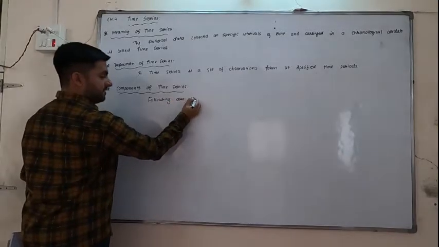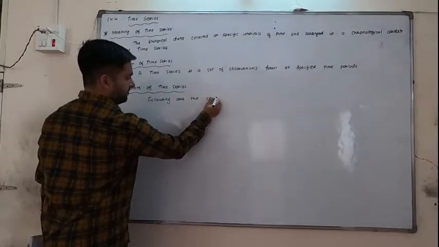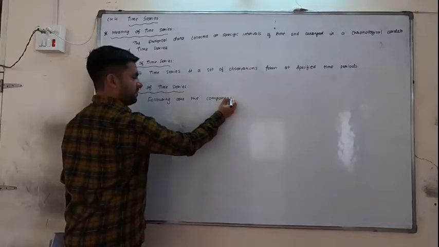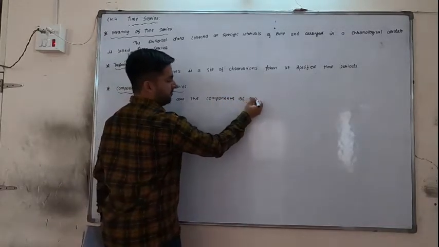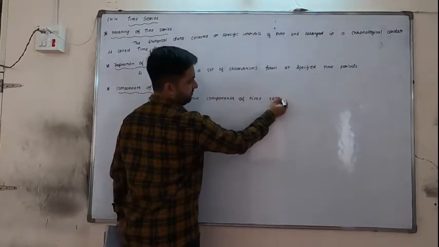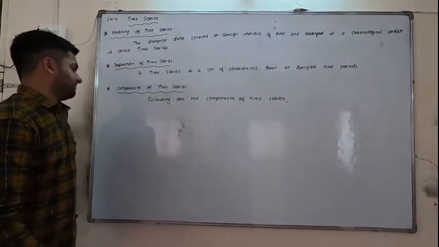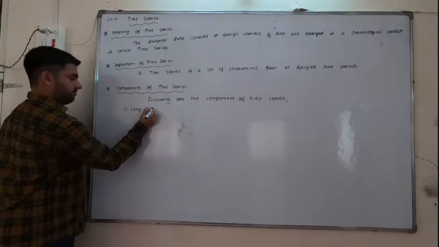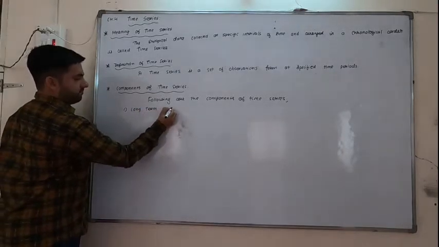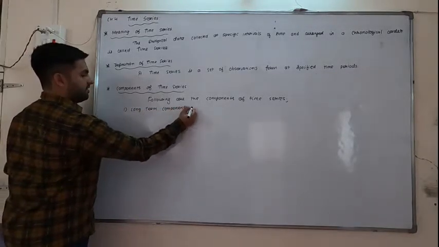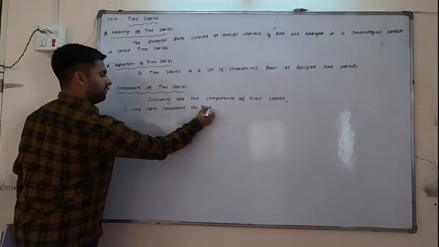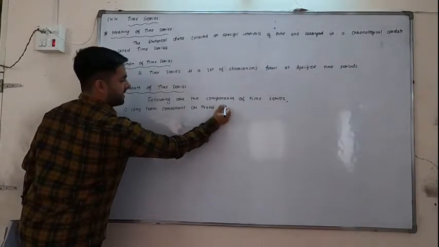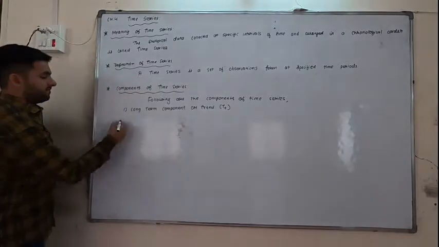Following are the components of time series. Number 1, long-term component or trend, you will denote by T with small t.